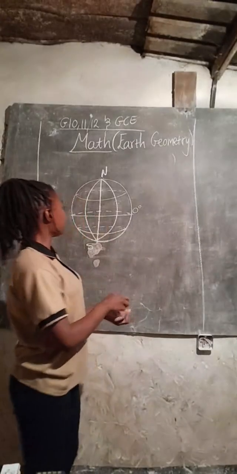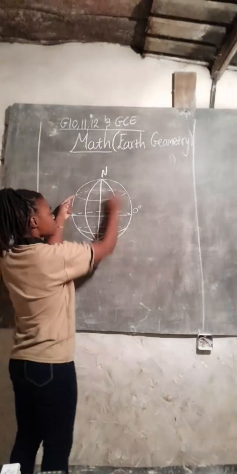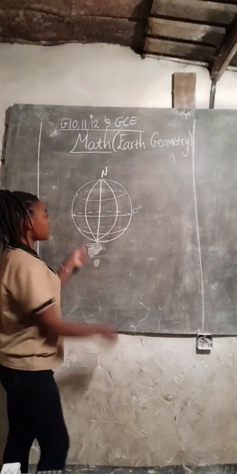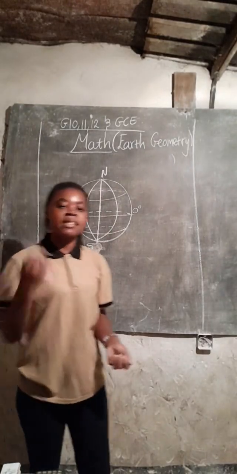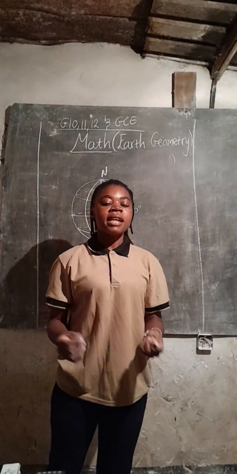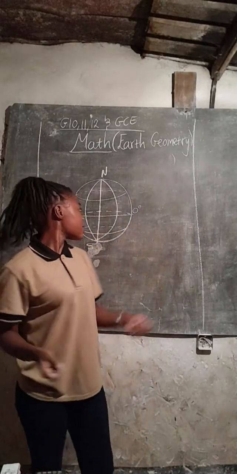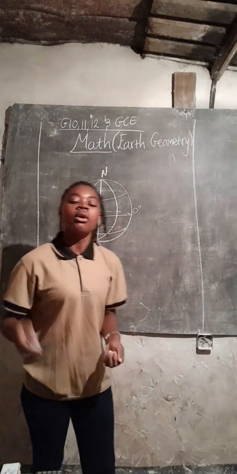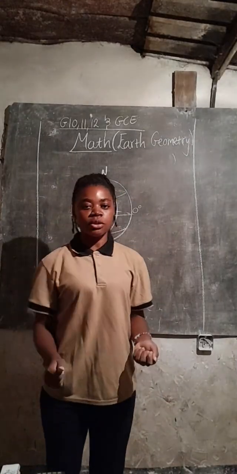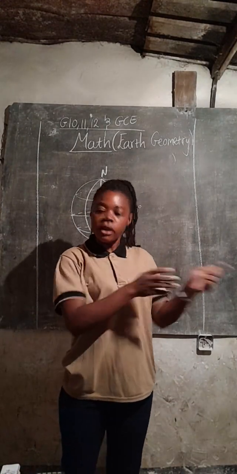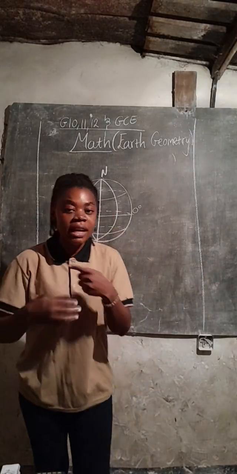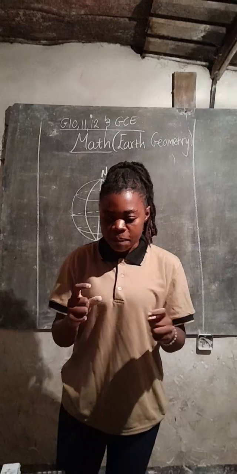We have the lines of latitudes and the lines of longitudes. So what is the other thing that the examiner requires you to know? It is how to find the difference in either latitudes or the difference in longitudes. When finding the difference in longitudes and latitudes, we'll discuss how with baby steps.